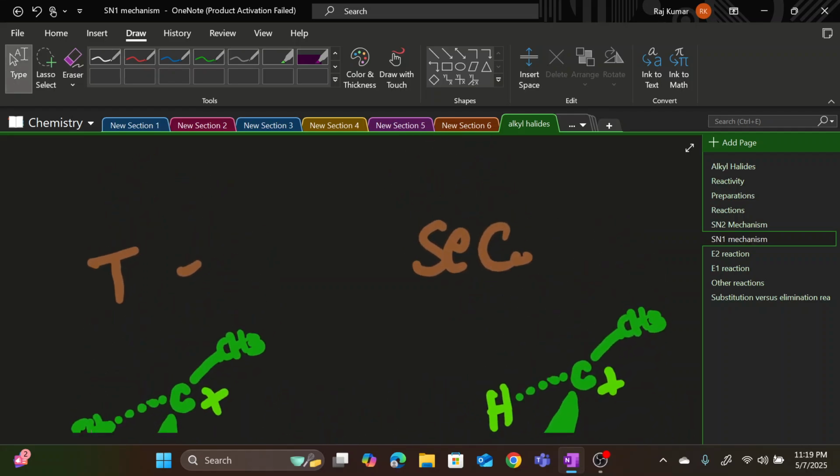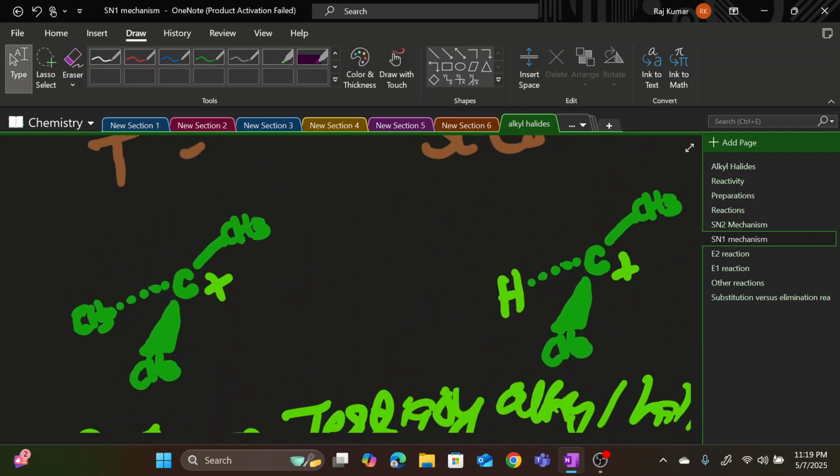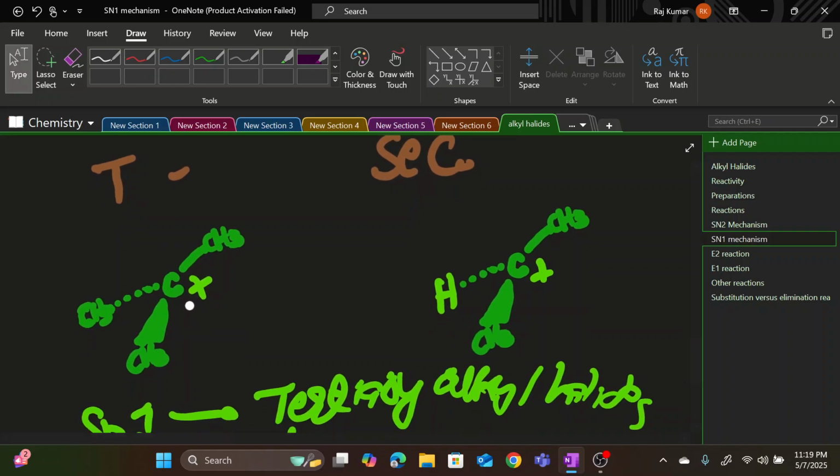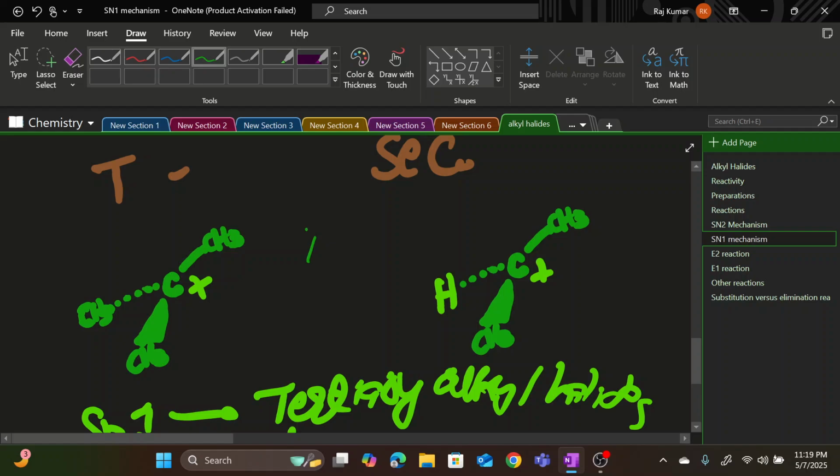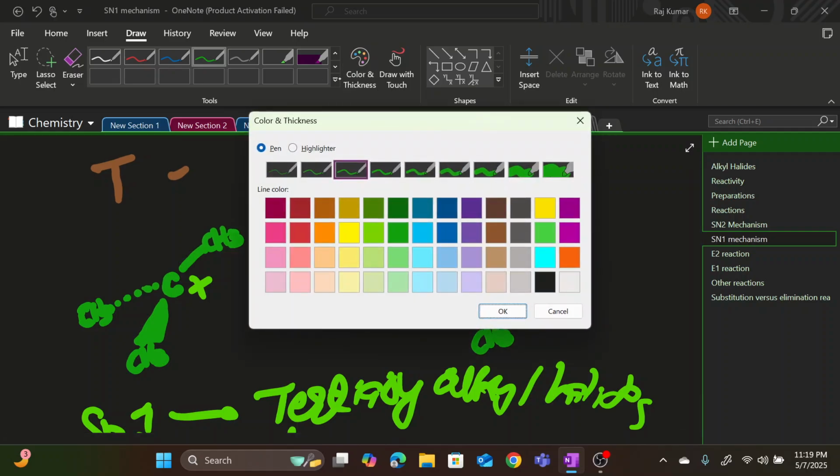It's a very stable carbocation, because let's say I'm having a nucleophile.